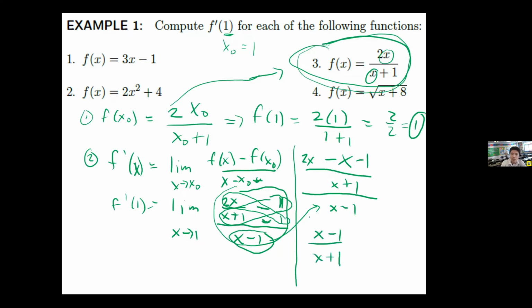Tapos, division man, so reciprocal ta. Times reciprocal ani is 1 over x minus 1. So, makansel na ni. So, meaning, ang nabilin, 1 over x plus 1. So, therefore, kani is just equivalent to the limit of 1 over x plus 1 as your x approaches 1. Then, by substitution, this is now 1 over 1 plus 1, which is 1/2.